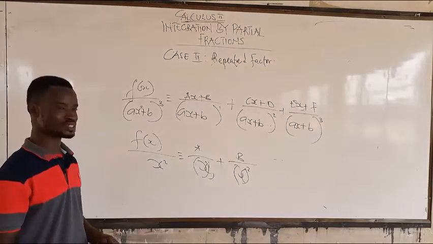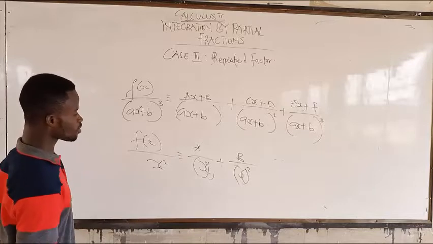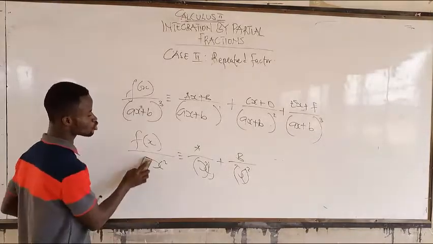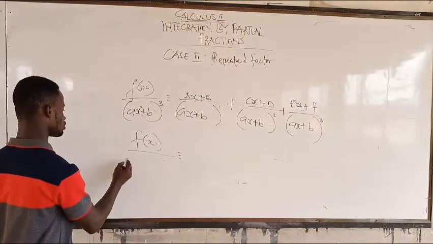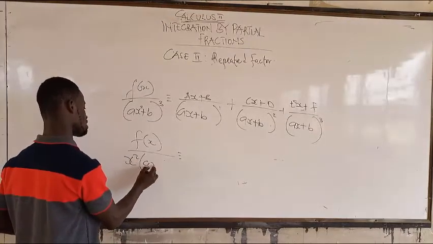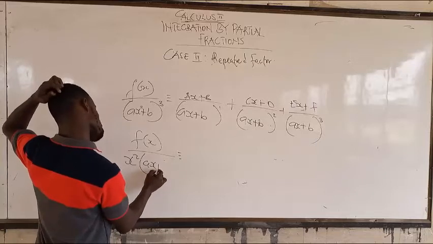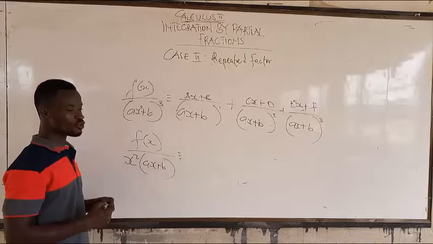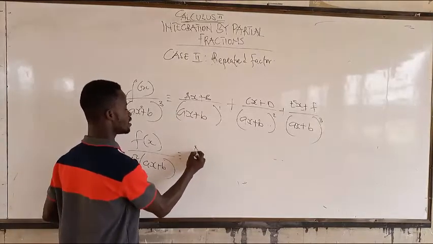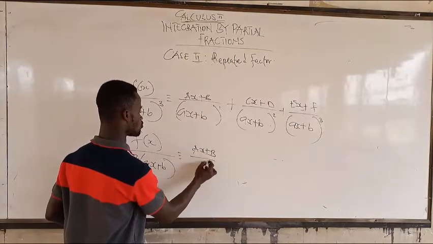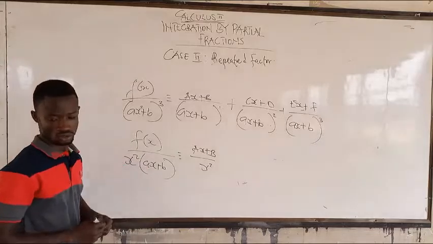Don't confuse yourself with that, because normally people get themselves confused. So when you give them something like x squared over ax plus b, they start confusing themselves, thinking this is quadratic. So they say ax plus b over x squared. This is wrong.